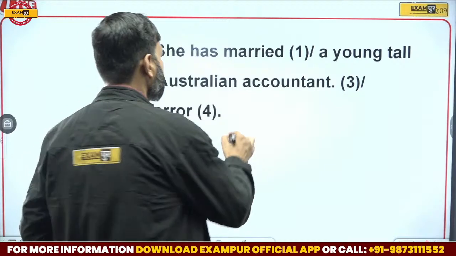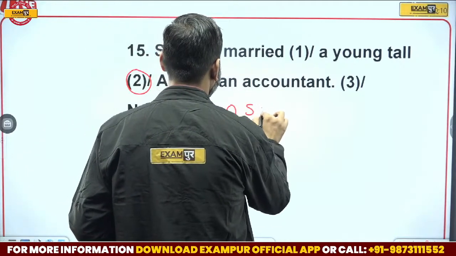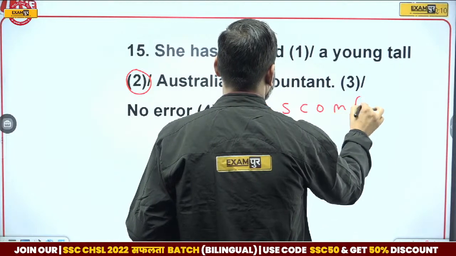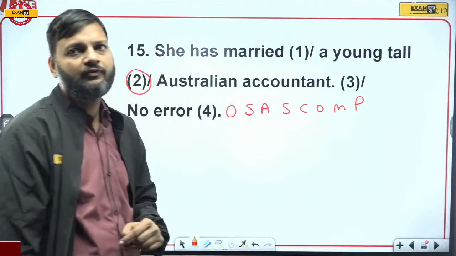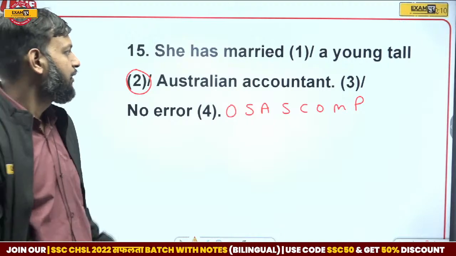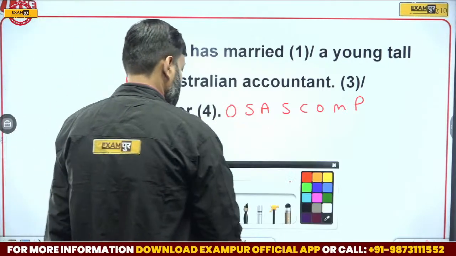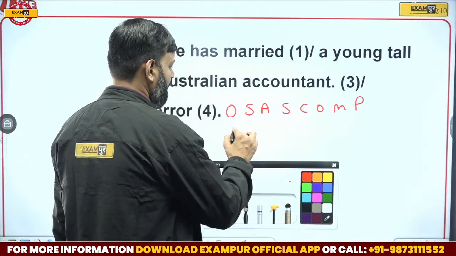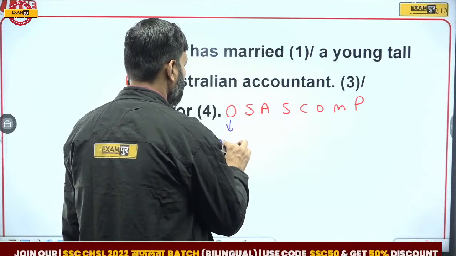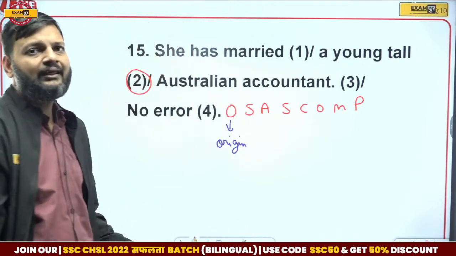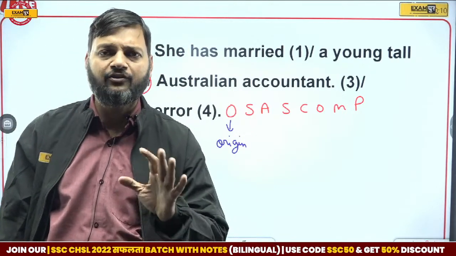And the sequence is, this should be the sequence of adjectives. Let me write the full forms. O is for origin. Okay, origin means Indian, Australian, American. This is origin.